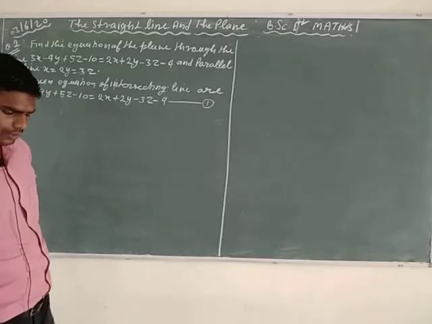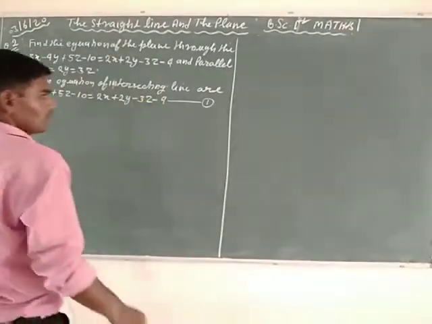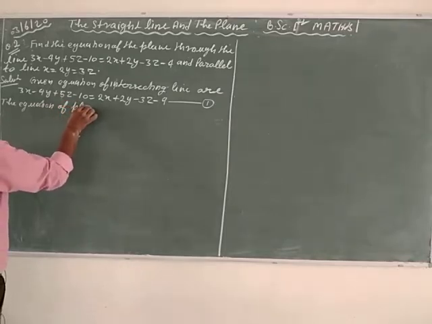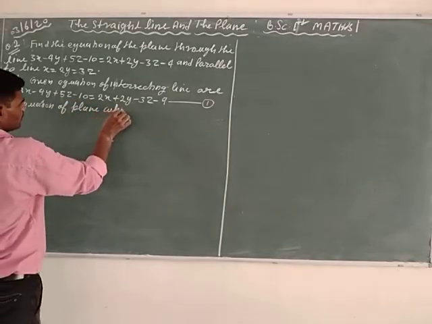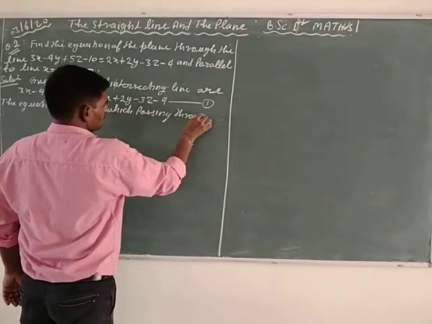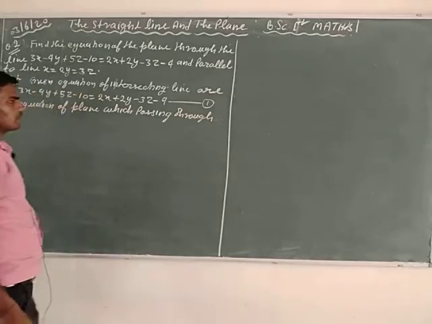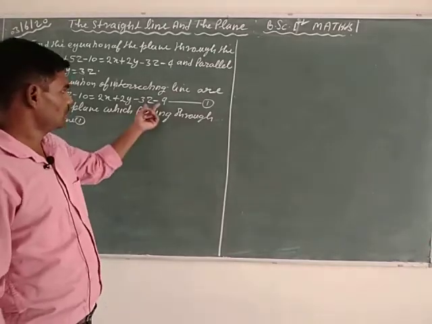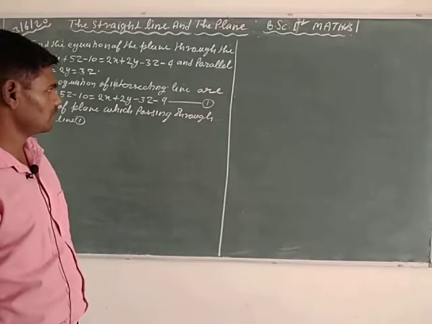So first write the equation of the plane which passes through this intersecting line, the first line. We want an equation which passes through the two equations represented in the first equation.